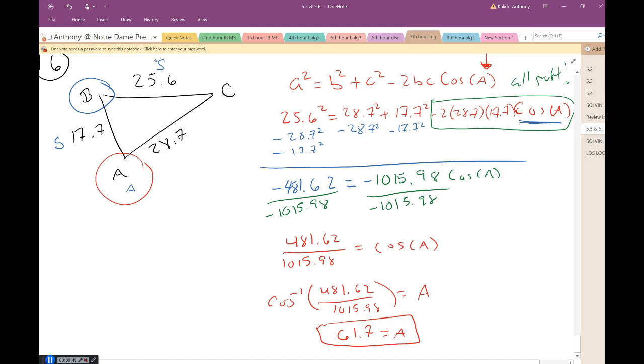So I can say sine of my newly found angle A over 25.6 equals sine of angle B.